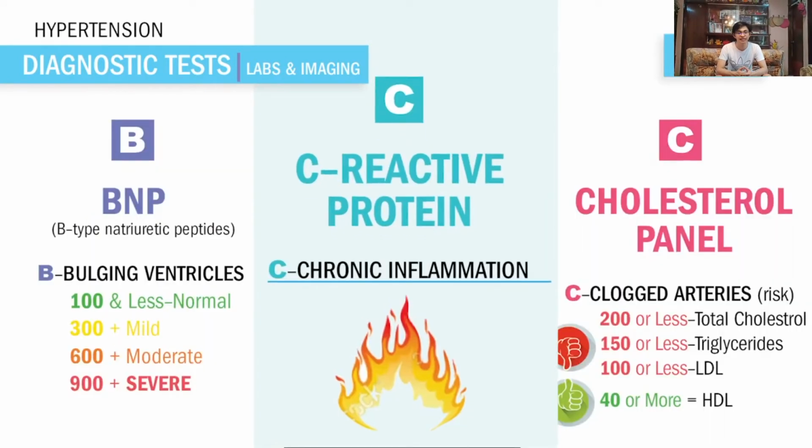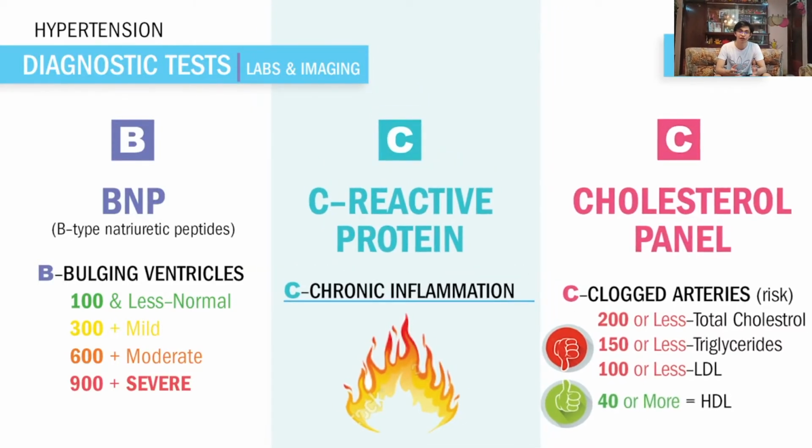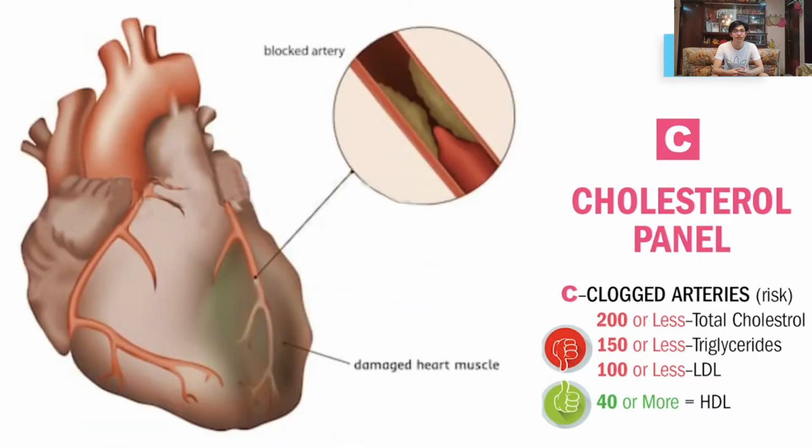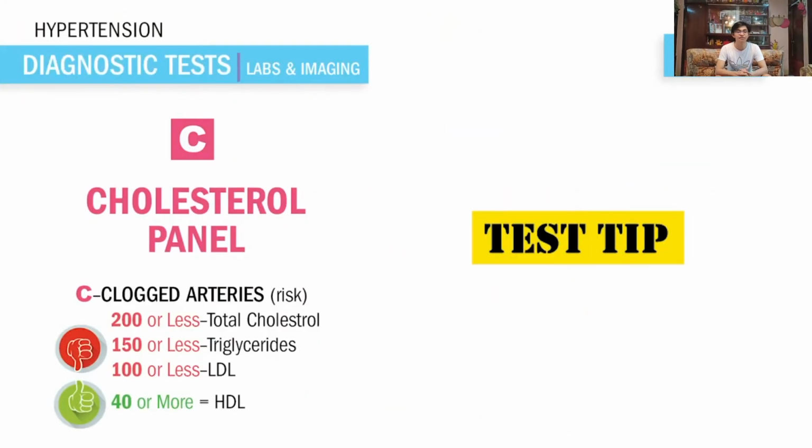C is for C-reactive protein, which may determine chronic inflammation which may cause hypertension. Another C is for cholesterol panel or lipid panel. This can determine if there are any risk of clogged arteries, especially on the coronary arteries. Just remember, all values of the results should be less except for the HDL, where H means high or heaven or happy lipids.